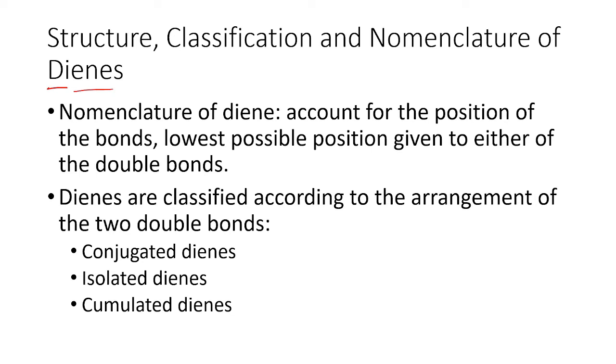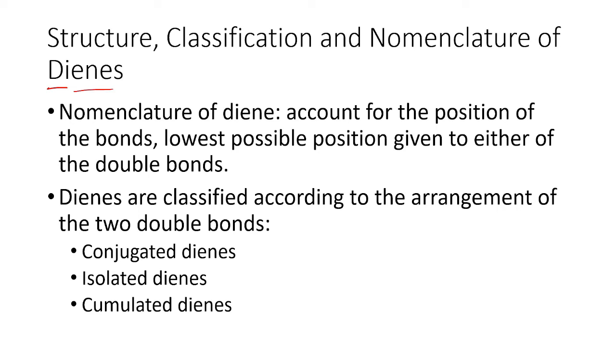Basically, we have three types of dienes: the conjugated dienes, the isolated dienes, and the cumulated dienes. Although their classification is not used for their naming, the names present the structures or the properties of the dienes, which we will talk about when we discuss the reaction mechanisms of dienes, which will be in a next video.